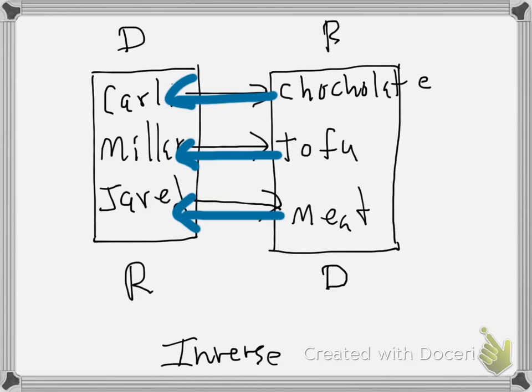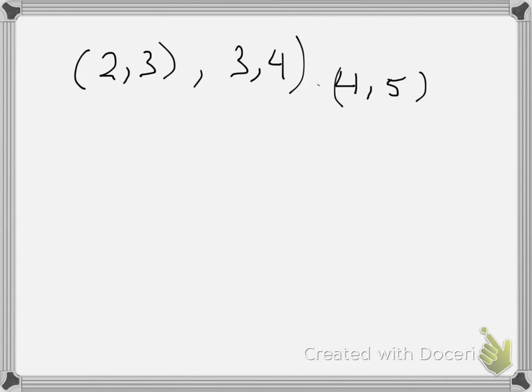Now if we looked at this with our set of ordered pairs, 2, 3, 3, 4, 4, 5, that's our function.